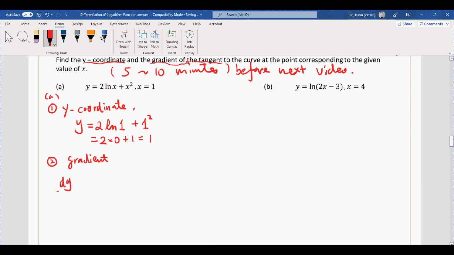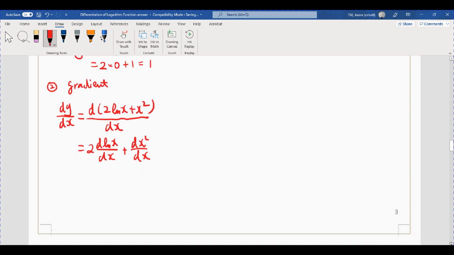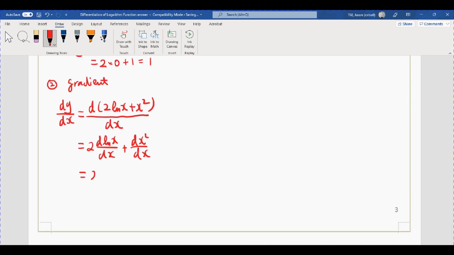So you have to do the derivative first, dy over dx, of 2 times log x plus x squared. Okay, and that's 2 times 1 over x plus 2x.